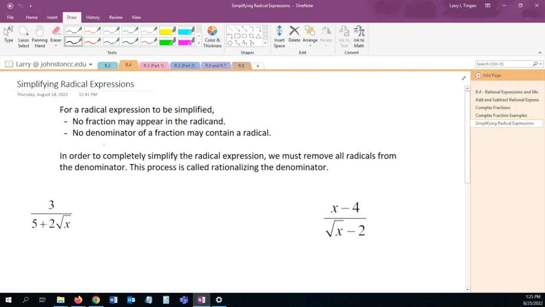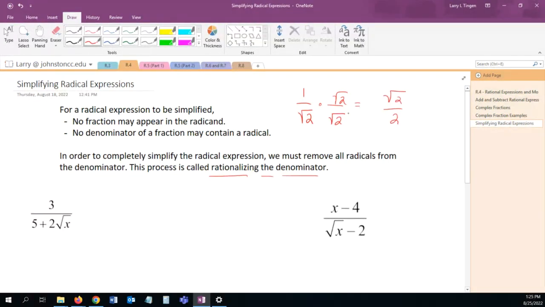That's what this is. Now, why do we do it? Why do we have to rationalize the denominator? The reason is, 1, everybody comes up with the same answer. So for example, if the answer to some question I give you is 1 over the square root of 2, and I multiply this by the square root of 2 over the square root of 2, I now have the square root of 2 over 2.